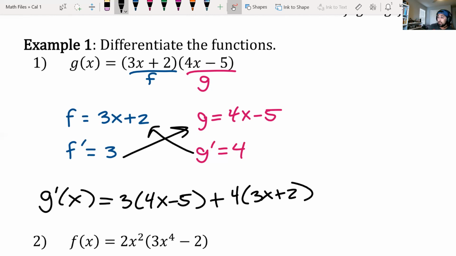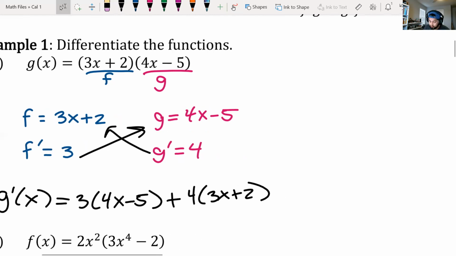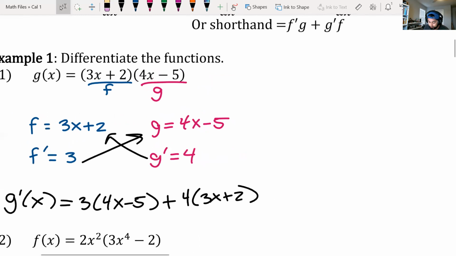Now, once you get to this step, the derivative is done, the product rule is done, calculus is done. All we have left to do is clean up algebraically. That's it. From here, it's just cleanup.